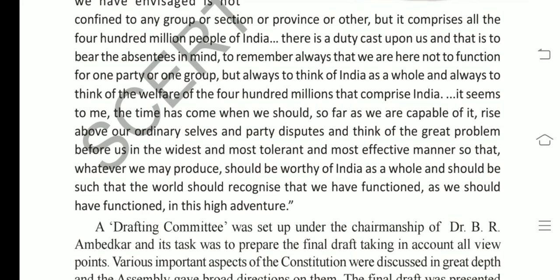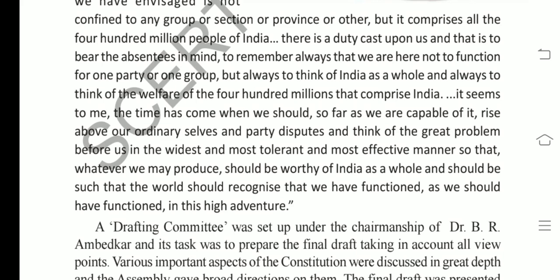Inequality in the society, religious tolerance, economic balance, political equality, modern development that is needed, and the very low literacy rate in India. These are the greatest problems. So they should discuss these problems in detail, keeping their party disputes aside.